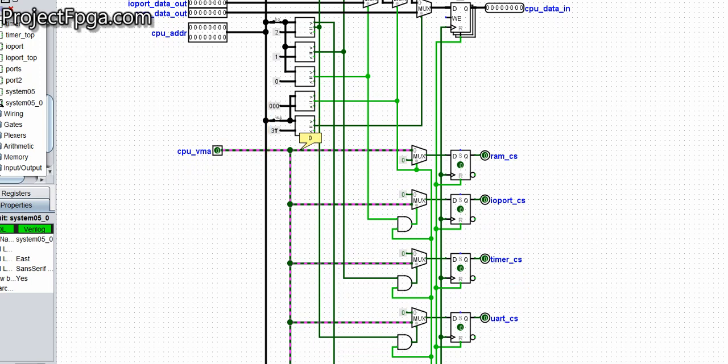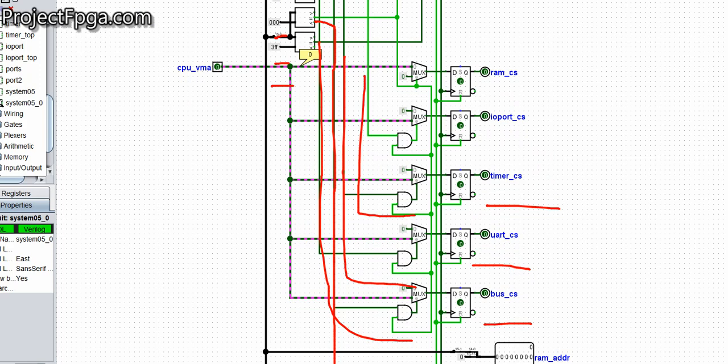So whenever it is 0, it represents IO port. If it is 1, it represents timer CS. Then if it's 2, it represents UART CS. Then if it's greater than 2, that is this particular signal here, then it comes down and selects the bus CS.